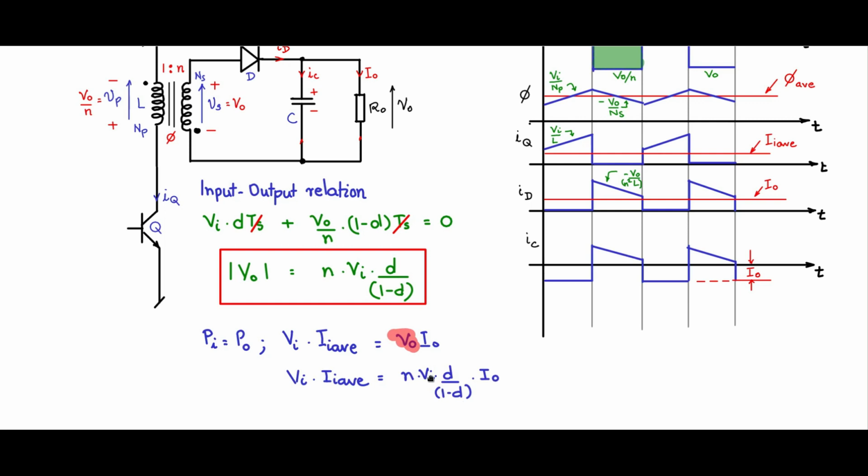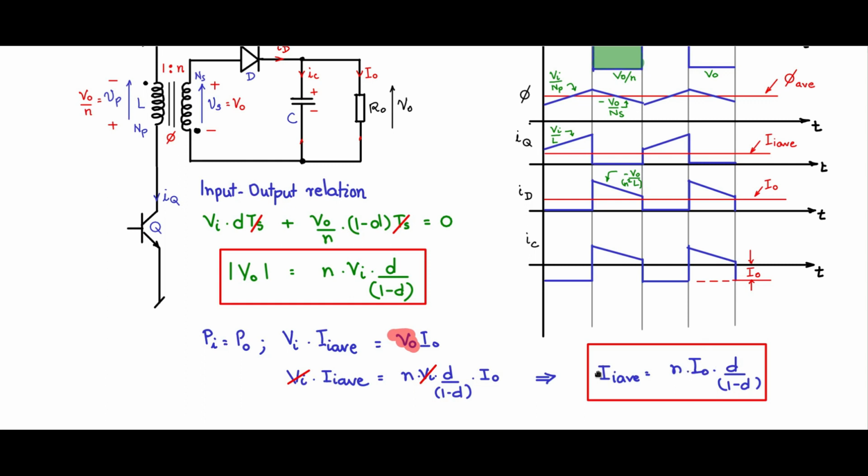If you cancel out Vi, you will have II equal to N I naught d by 1 minus d. So this would be the input output current relationship. You see that IQ has an average current, which is the II average, and that value boils down to N I naught d by 1 minus d. You know d, you know N, and you know I naught, so you can evaluate that.